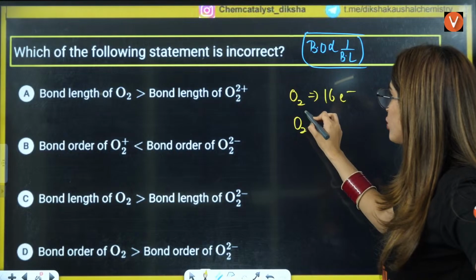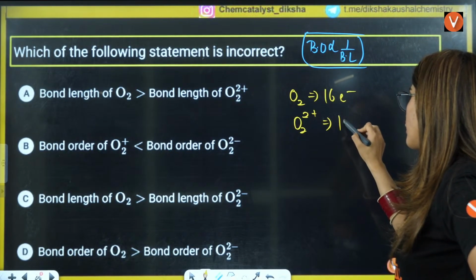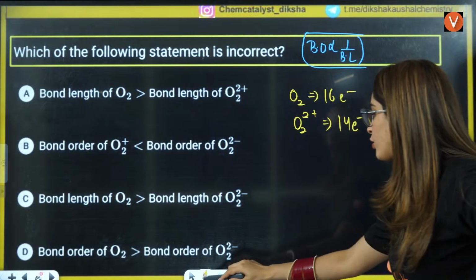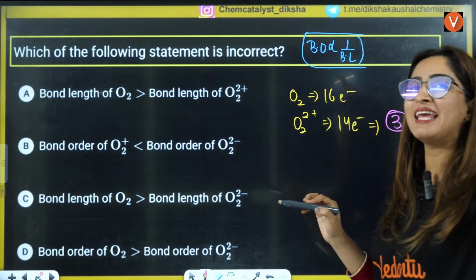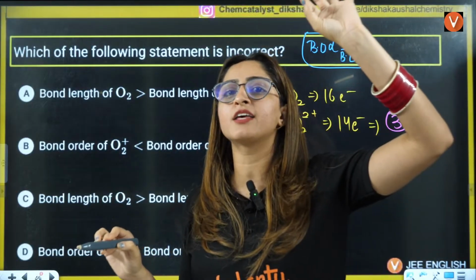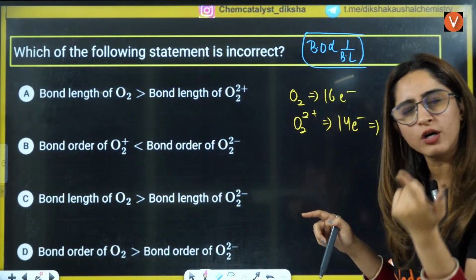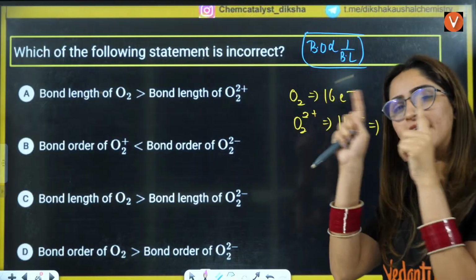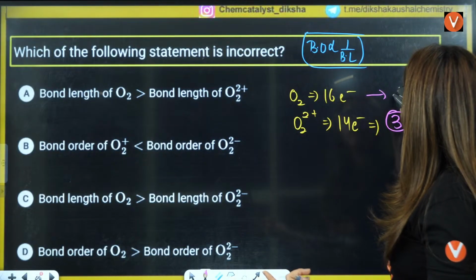O2 2+ has how many electrons? It has 14 electrons, that means bond order is 3. See, corresponding to 14, bond order is 3. When you increase the number of electrons by 1, bond order will decrease by 0.5. So 15 will have 2.5, 16 will have 2.